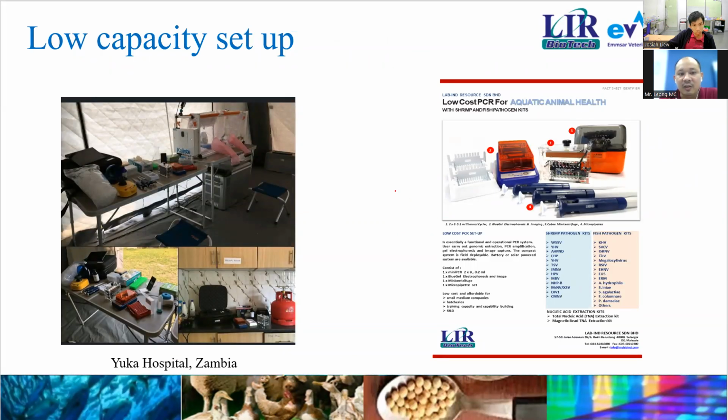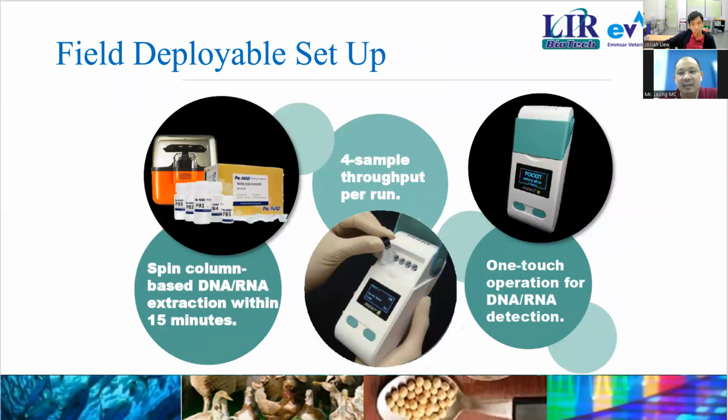On a low capacity setup, like research or elsewhere, for example this photo is from Yuka Hospital, Zambia, where they are using more compact PCR tools to make up a simple lab for detection. With the advancement of technology, we also have field deployable setups now. Previously, the challenge was that we needed to collect the sample from the field and send it to a particular lab for analysis. If we are talking about disease, this is a great disadvantage because of the transportation time; at any time the disease can break out and the farm gets more and more seriously infected.